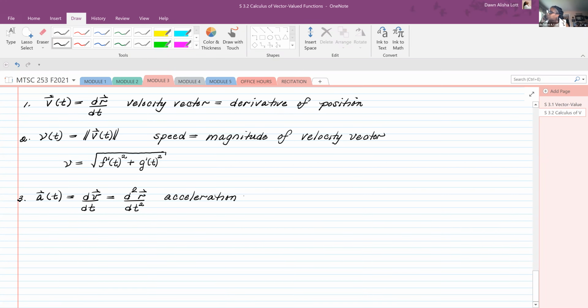It is equal to the derivative of the velocity vector, and it is equal to the second derivative of the position vector.